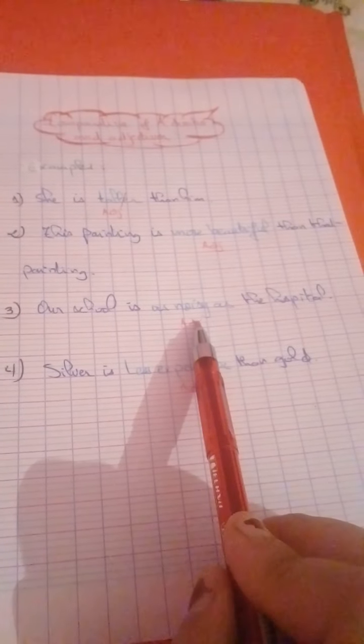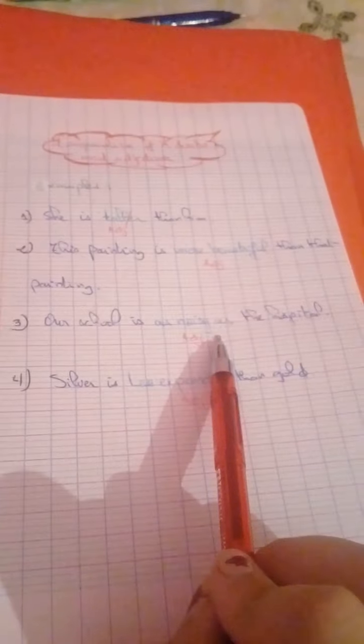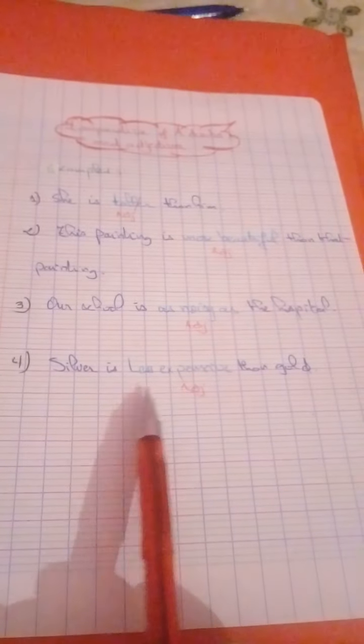But we can also have here a long adjective. It can be long as it can be short. Okay? And in this case when you have as, we call it comparison of equality. Then the fourth one, silver is less expensive than gold.